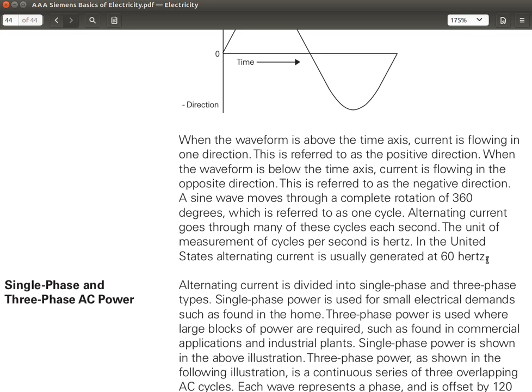Now, many of the electrical appliances are made in China and other countries, and they are not sure whether the exporters will take them to a country that uses 60 Hertz or to a country that uses 50 Hertz. So they make the appliance so that it can run on 50 or 60 Hertz.